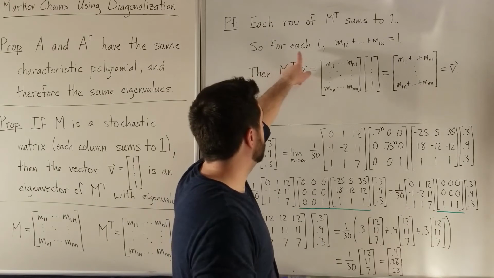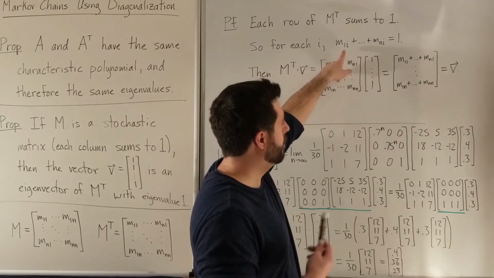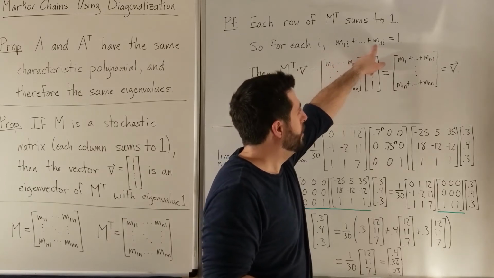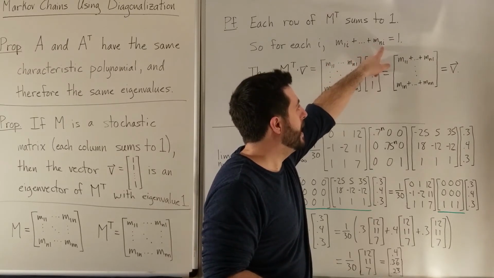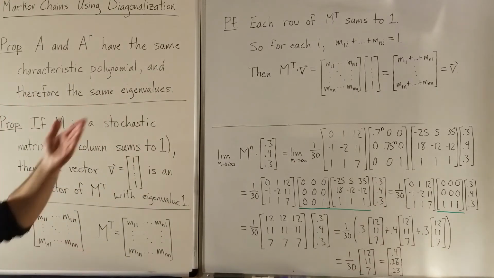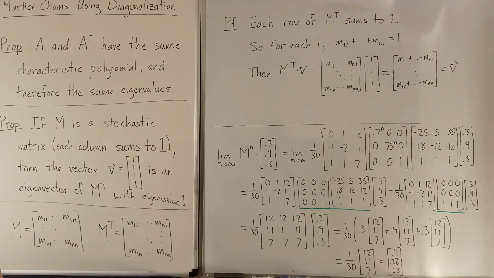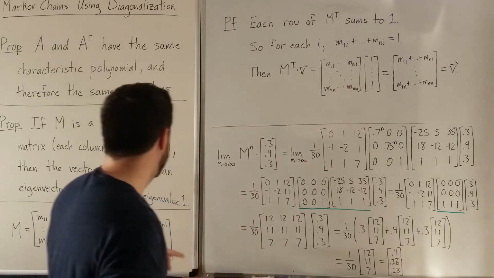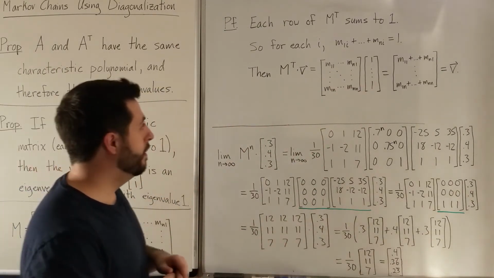So just to write this down, for each i, from 1 to n, we're going to get m1i all the way up through mni added together must be 1. So the sum of each column, in this particular case, is the ith column of the original matrix. That sum is 1. And that sum is also the sum of the ith row in the transpose.